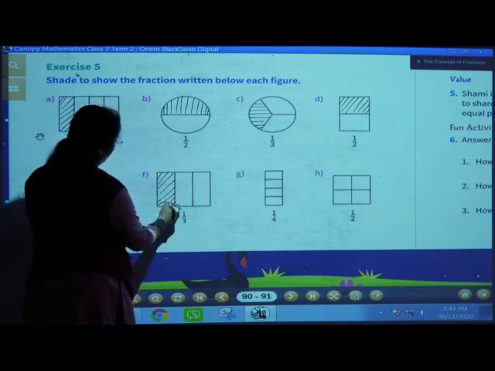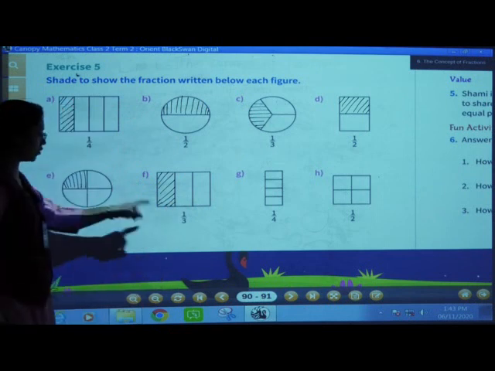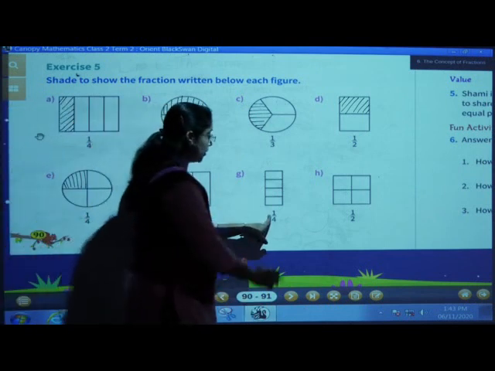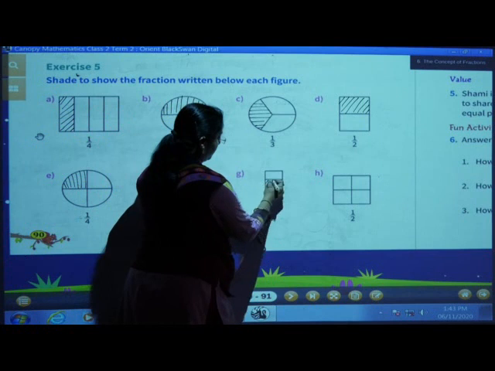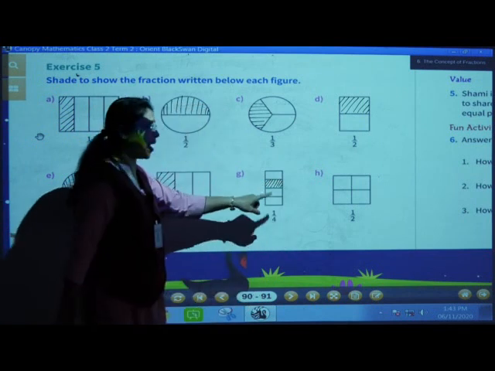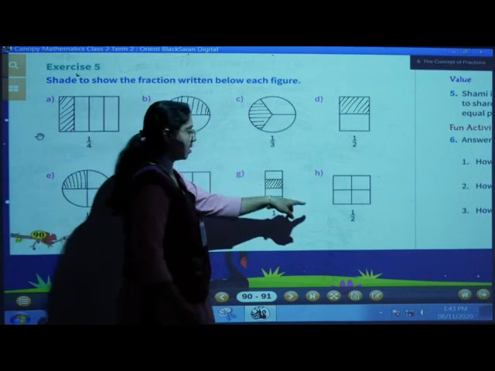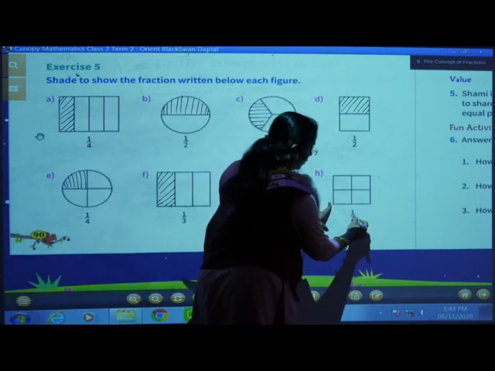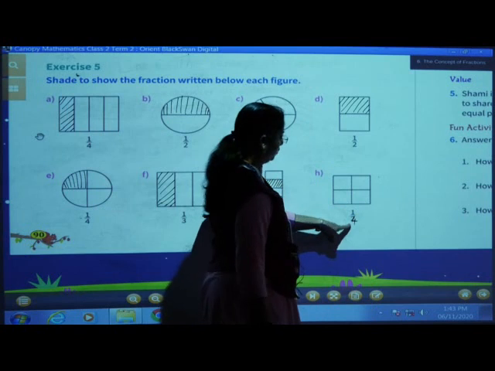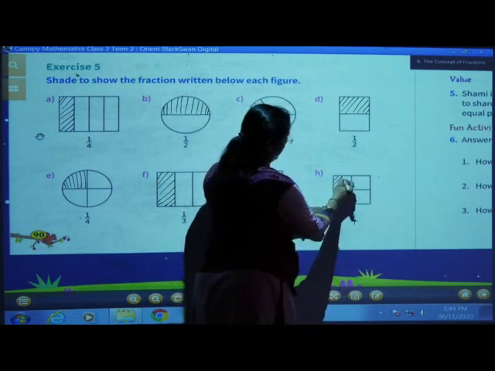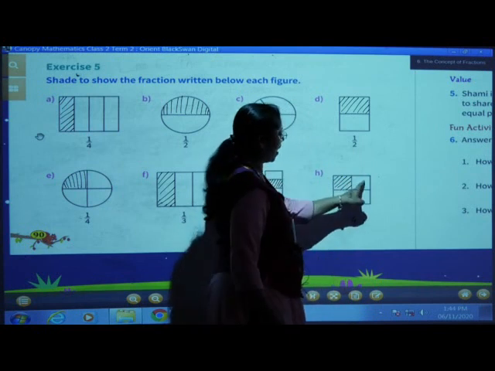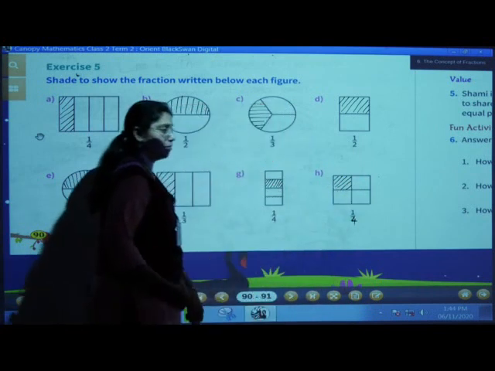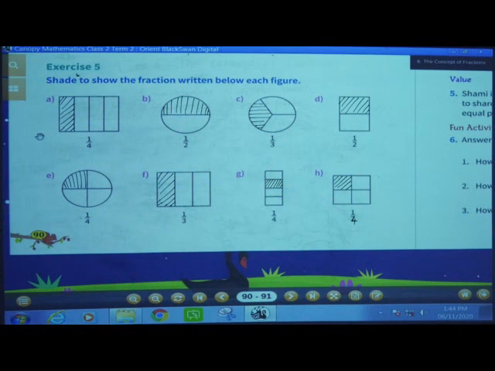This is called 1/3. Now 1/4. You can shade any part. This is 1/4, or quarter, which means 4 equal parts and 1 part we have to shade.